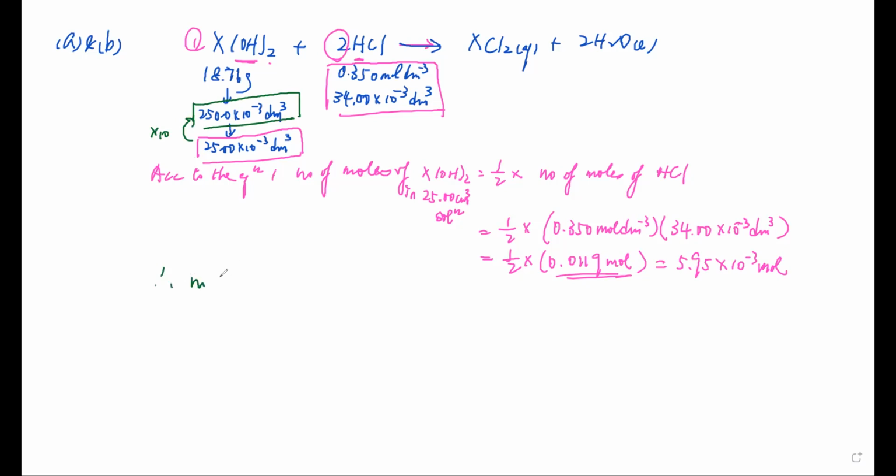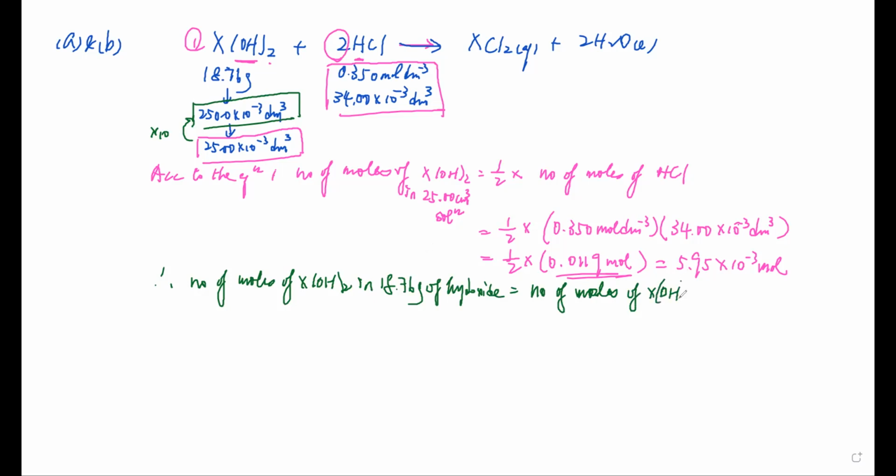So the number of moles of X hydroxide in 18.76 gram of the hydroxide is equal to that in 250.0 cm cube solution. Can you get my point?